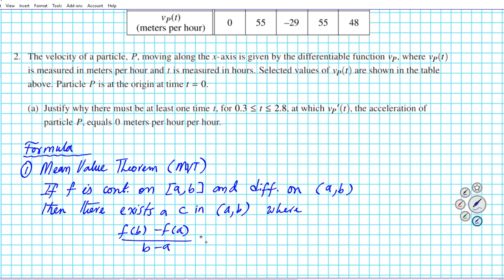The average rate of change is equal to the instantaneous rate of change at that particular c value in the interval. This is using f of x.